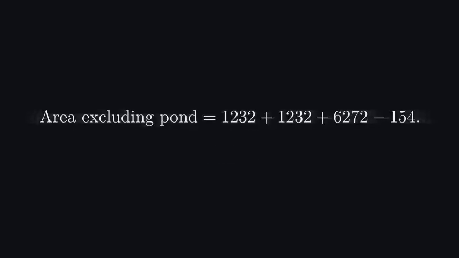Area excluding pond equals 1232 plus 1232 plus 6,272 minus 154. So this simplifies to equals 2464 plus 6,272 minus 154, which equals 8736 minus 154, which equals 8,582 square meters.